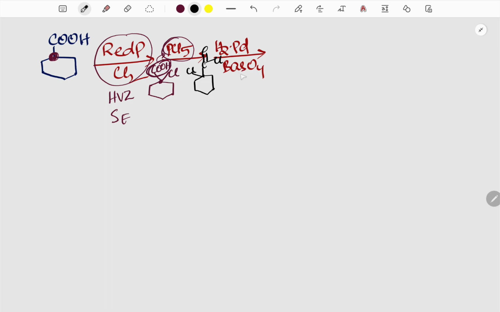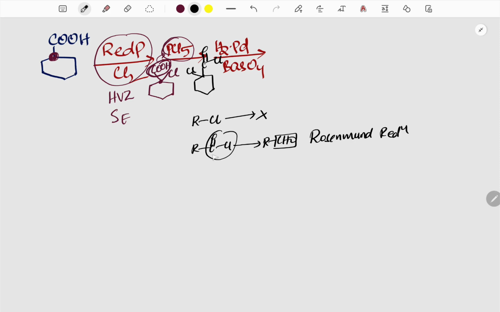Now it is treated with H2/Pd-BaSO4. So here we have two functional groups, alkyl chloride and carbonyl chloride. Alkyl chloride with H2/Pd-BaSO4, no reaction, but carbonyl chloride undergoes reduction, and finally it gives the corresponding CHO. It is the Rosenmund reduction.